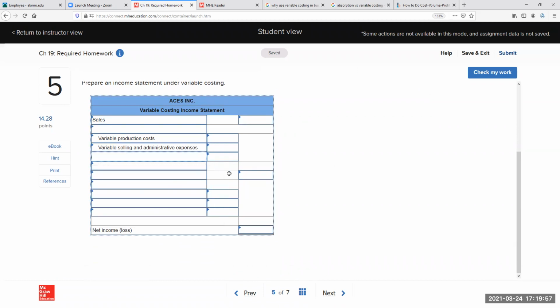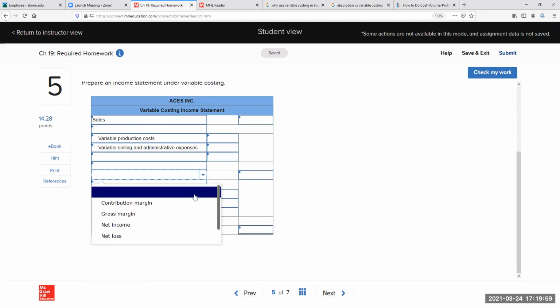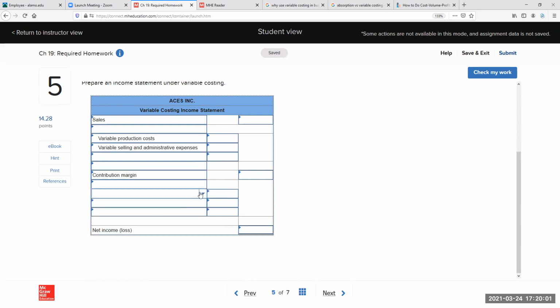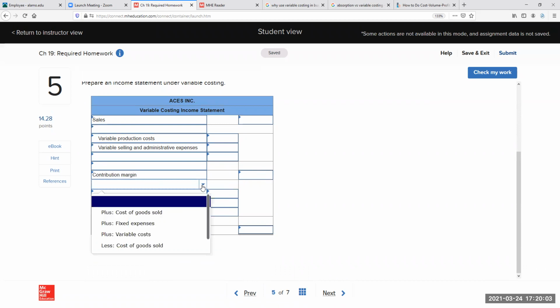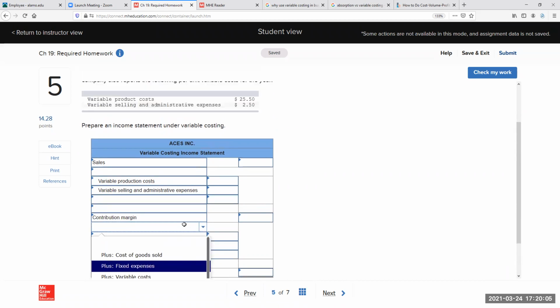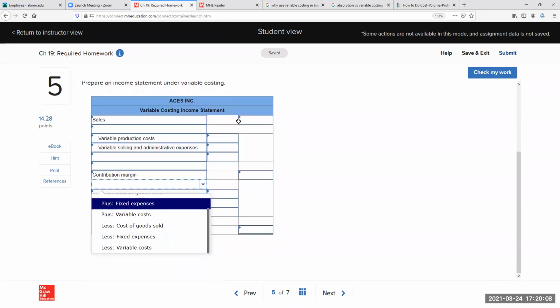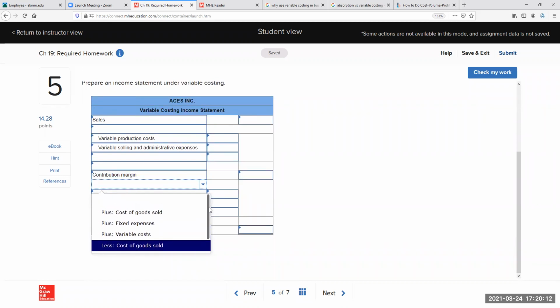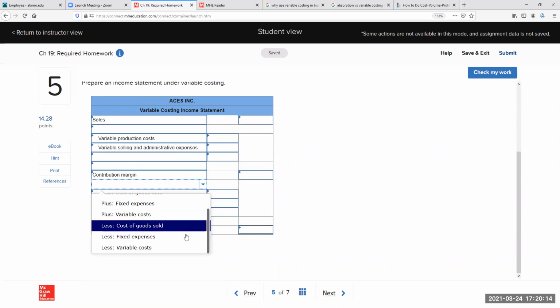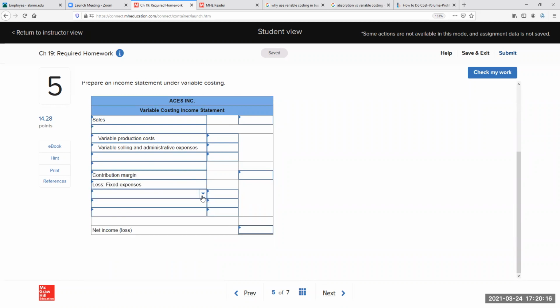And this should be our contribution margin: sales minus variable cost equals contribution margin. Then, less our fixed expenses, which are fixed overhead and our fixed selling and admin, and that's equal to net income. So your variable is up here, your fixed is down below.